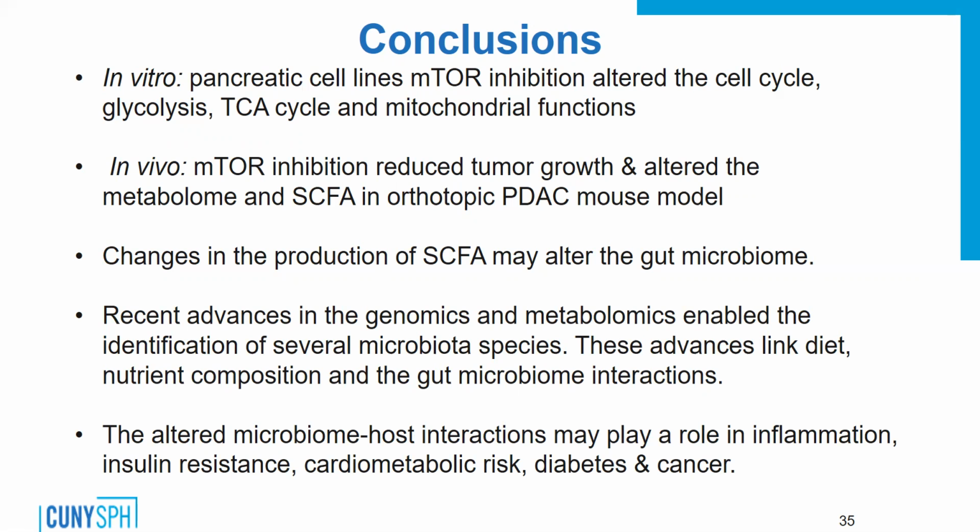Finally, the altered microbiome-host interactions may play a significant role in the inflammation and CD4 and T subsets, as well as in chronic diseases and insulin resistance, cardiometabolic risk, diabetes, and cancer.